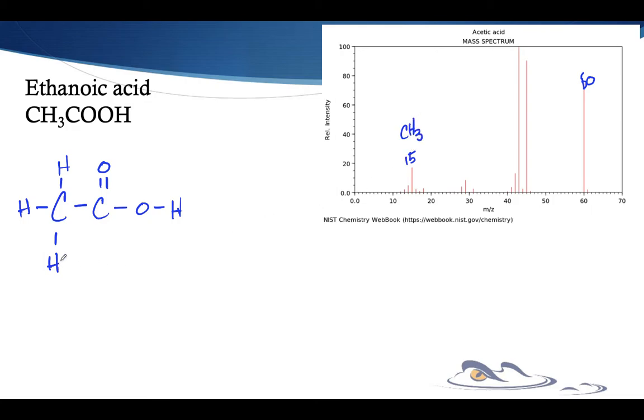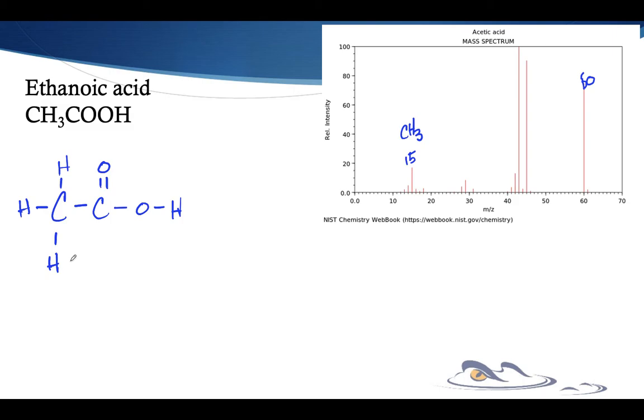And then I'm looking over here, I see, all right, there is a CH3 group in ethanoic acid right here. So if it broke right there at that bond, then we would have a 15 CH3 group that would come out of this, yes? So if I subtract 15 from 60, that's going to leave me with 45.